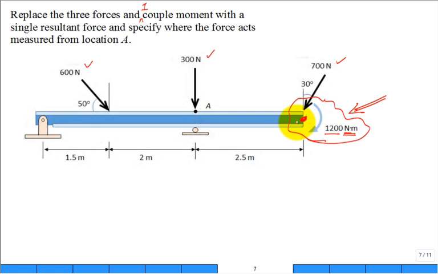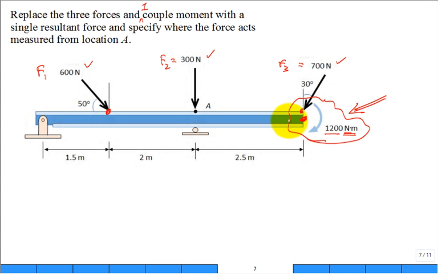Okay. So I have this force, let's call it F1, applied at this location. I have F2 applied at this location, called point A. That's point A. And then we have F3, which is 700 newtons, applied at the tip down here. Those aren't given names, but it's clear where they're applied.